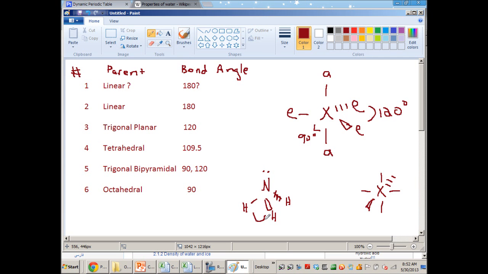Smaller. We had water as an example. Those two lone pairs brought the bond angle down from 109.5 to 104.45. So what would your guess be for just one lone pair hogging more space around the nitrogen? It should be between those two numbers, right? It's not going to be as much as 104.45, but not 109.5. Who knows? Let's look it up.